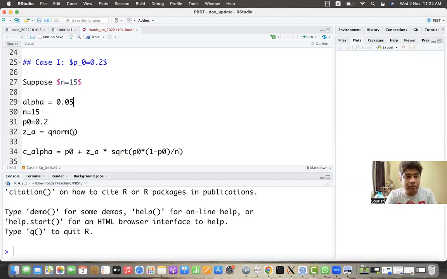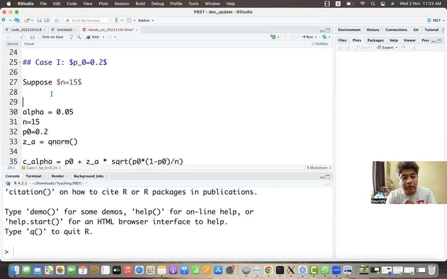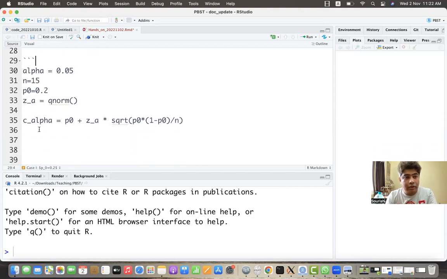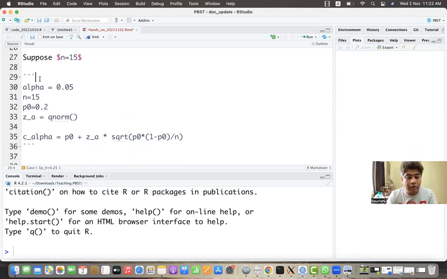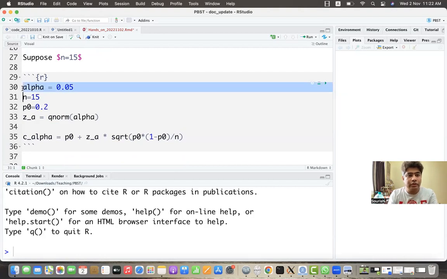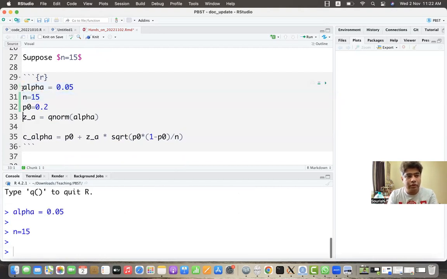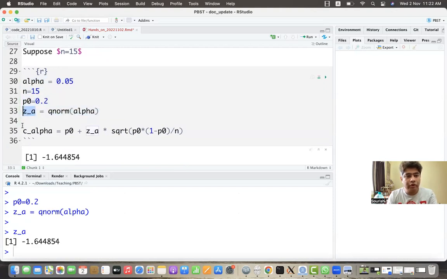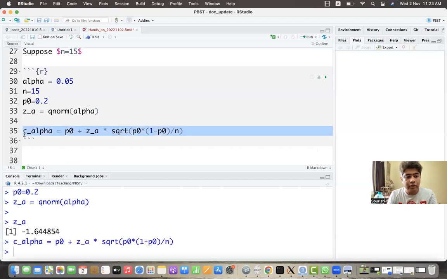So I have to put it in R. So Q norm of alpha, let me just run it. So Z alpha will be negative 1.64 and C alpha will be this.